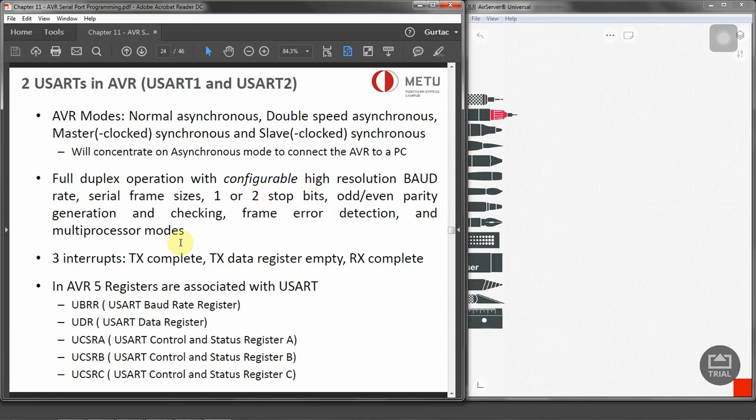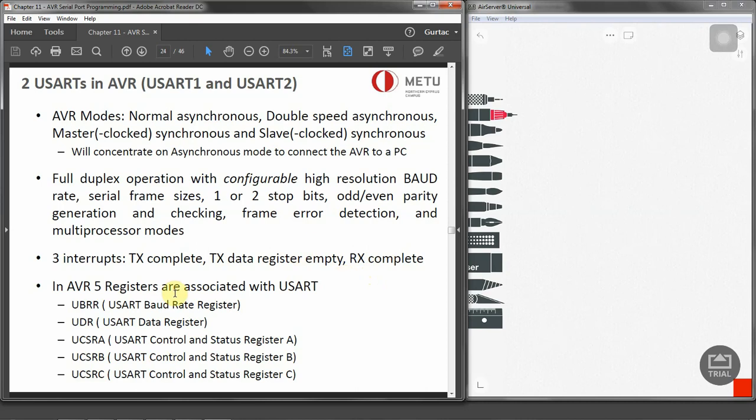And with the USART or the serial programming, AVR provides us 3 interrupts: transmit complete, transmit data register empty, and receive complete. So we can use these interrupts to wake up the processor from what it's doing and get the new data or transmit the new data and so on.